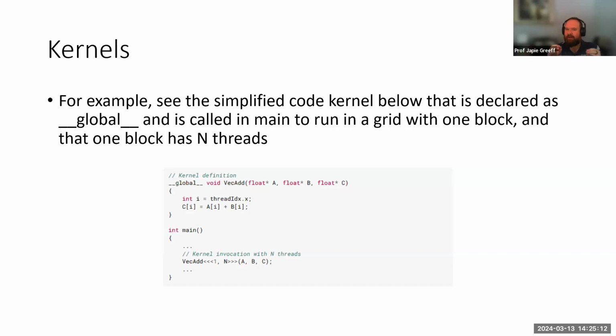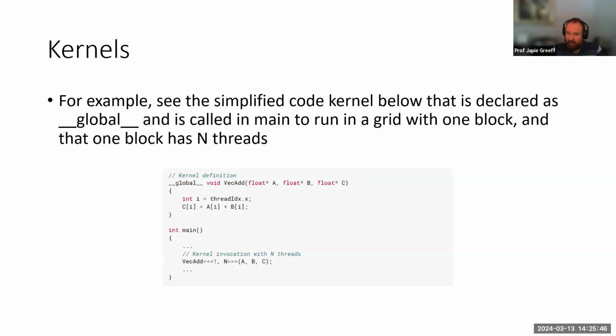So thread number 5 will look at the 5th index of arrays A and B, take those values and add them together, and put that into the 5th index of array C. The same is true of index 1, 2, 3, 4, and so on. That is how we parallelize things. We invoke it using our execution instructions, and it pretty much handles all the rest for us.